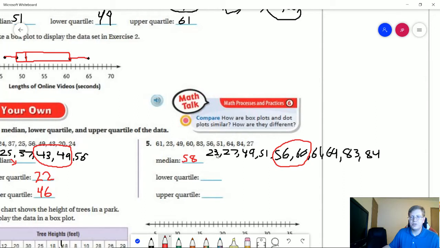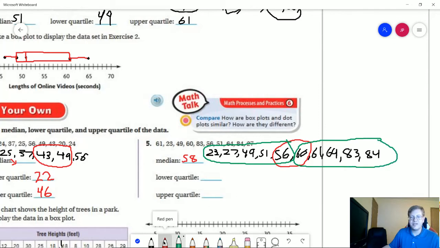Our lower quartile is going to be the center of these 5 numbers. And our upper quartile is going to be the center of these 5 numbers. And so this will be much easier to find. So 49 is going to be our lower quartile, and 64 is going to be our upper quartile.